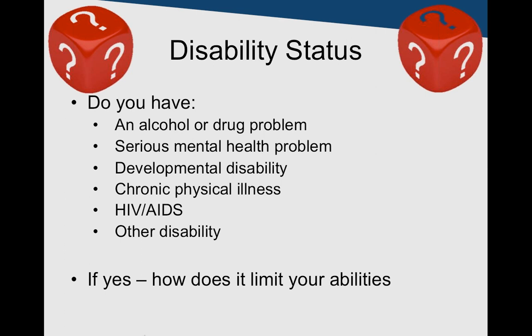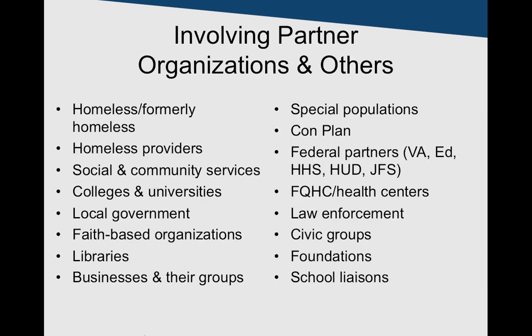Besides knowing if they have that actual condition, we want to find out if that condition has limited the person's ability to live independently, and could the condition be improved through the provision of more suitable housing conditions. And that gets us a little closer to that disability status.